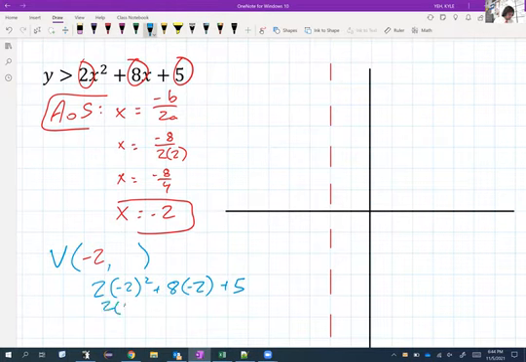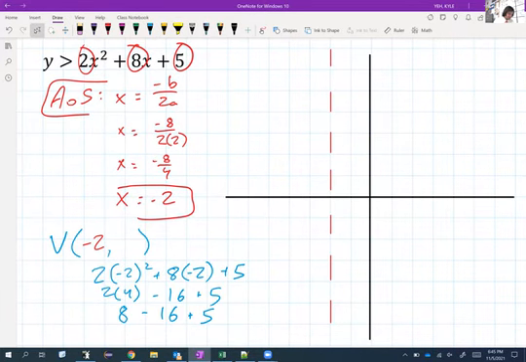So 2 times 4 minus 16 plus 5. 8 minus 16 is negative 8, plus 5 would give us negative 3. So the vertex is negative 2, negative 3.